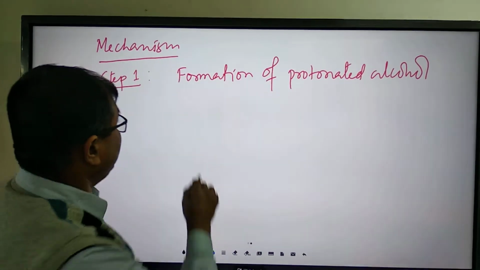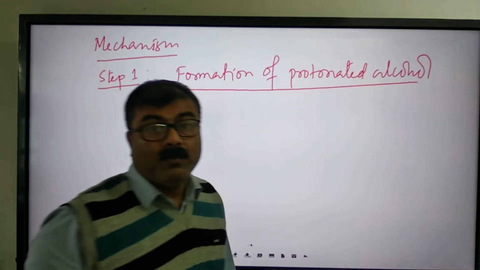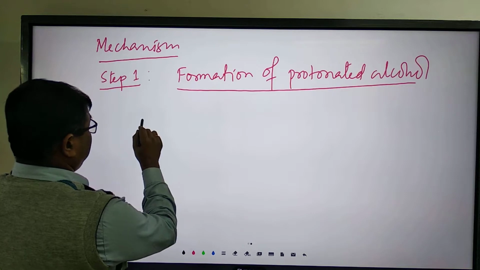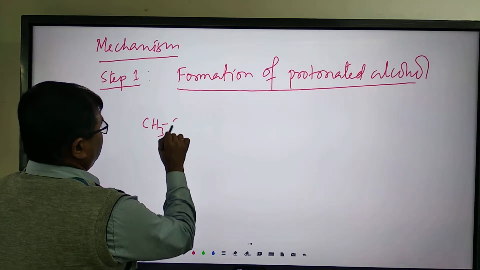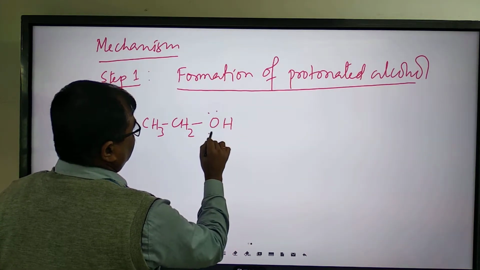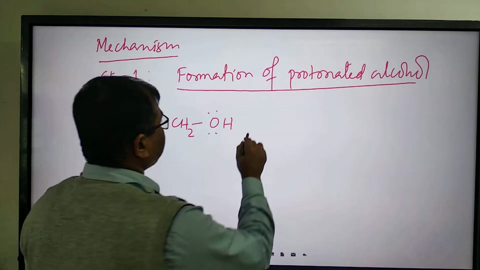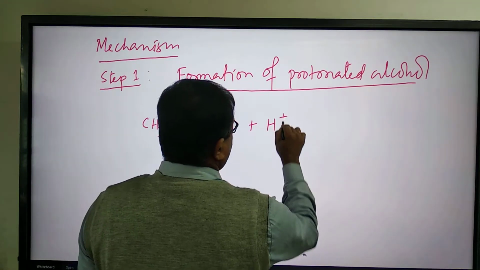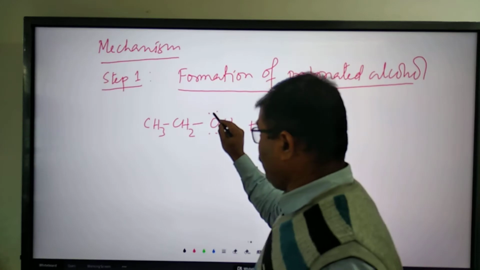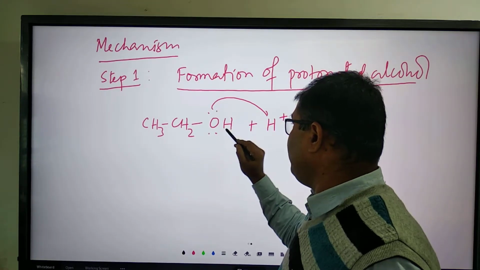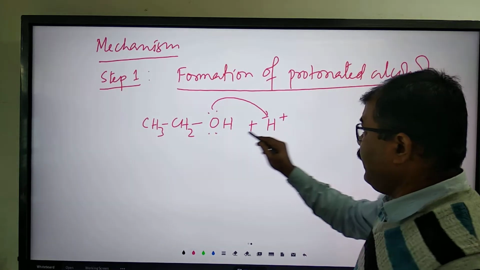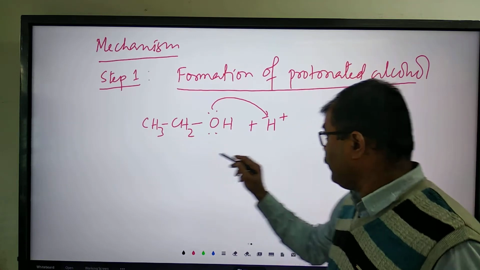My dear student, alcohol is protonated by protic acid. In CH3CH2OH, we know two lone pairs of electrons are there. The H plus from the protic acid takes one lone pair of electrons from the alcohol, and the alcohol gets protonated.